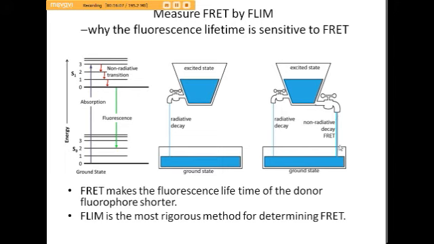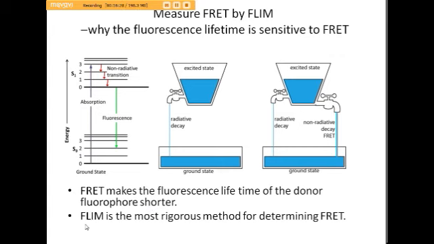By the action of two taps, it drains the excited states much faster. So this is why FRET makes the fluorescence lifetime shorter, because this water will be drained faster than in the case without FRET.